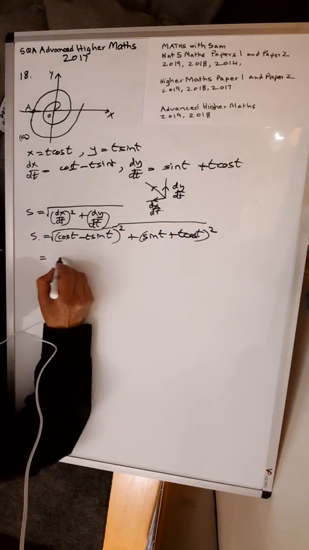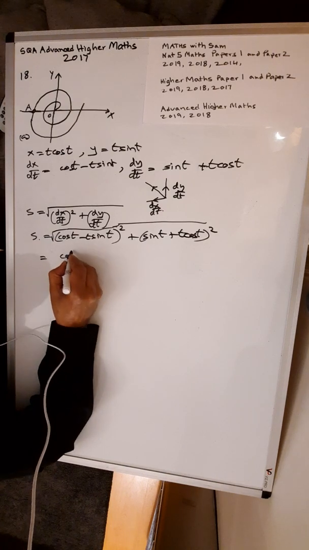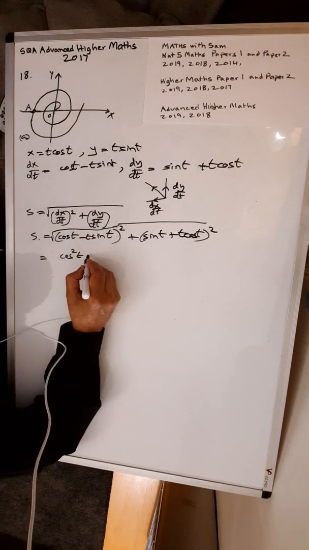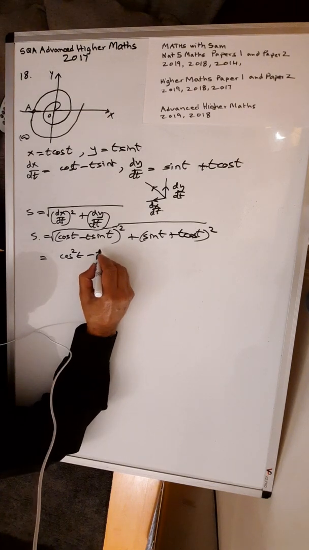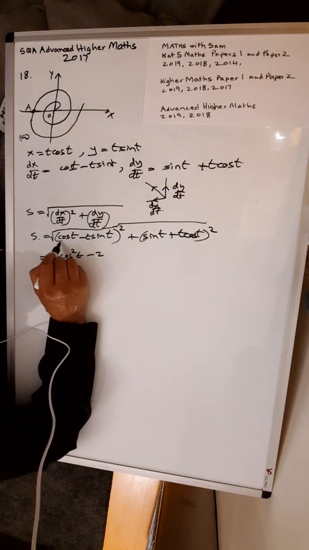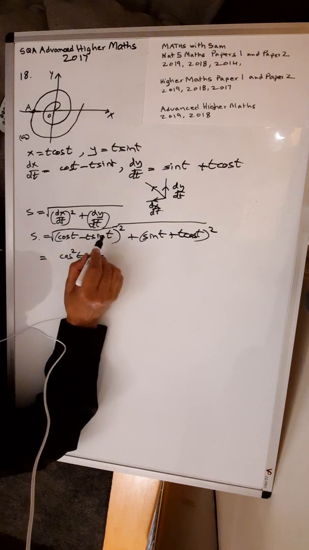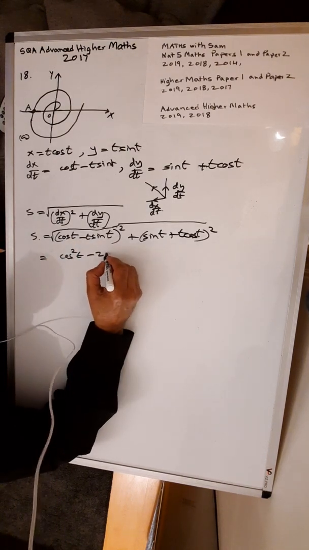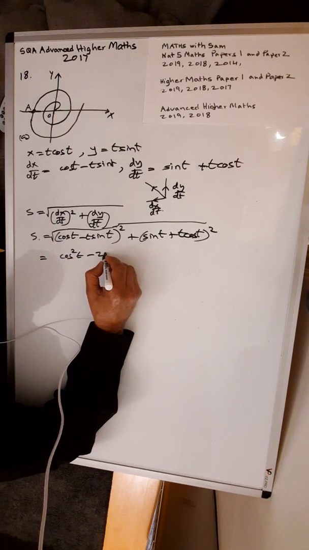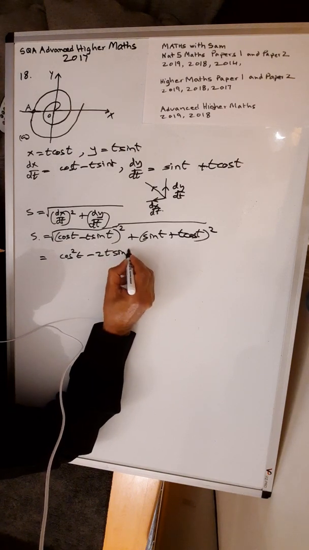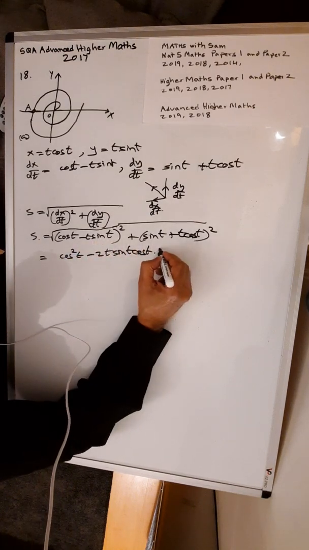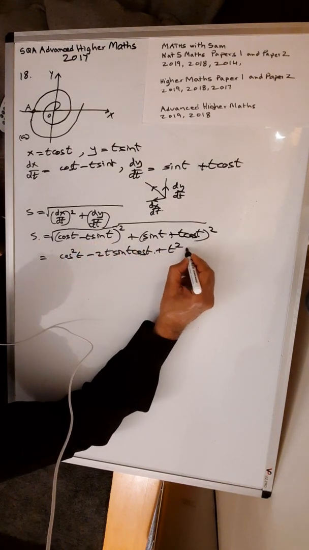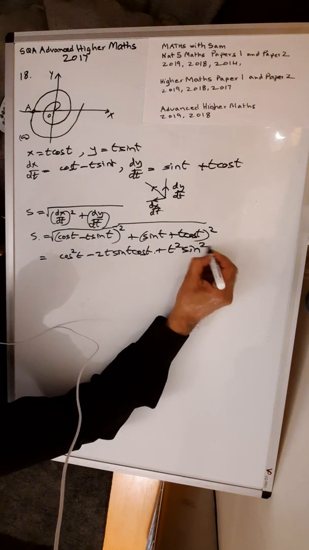So that would give you cos squared t minus 2 t sin t cos t plus t squared sin squared t.